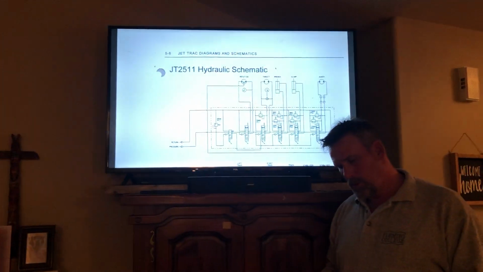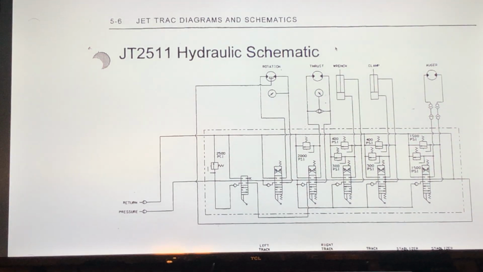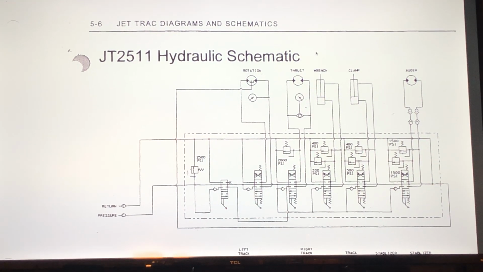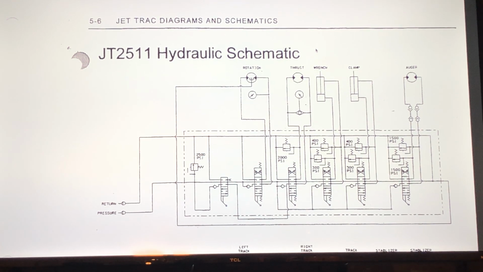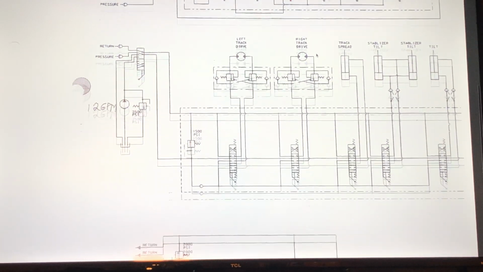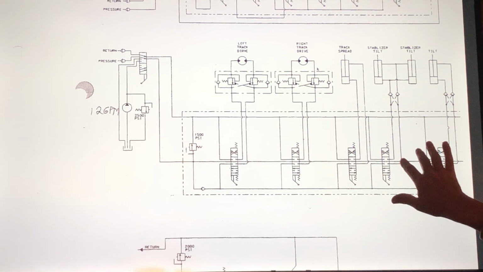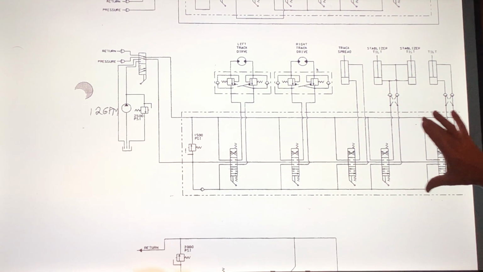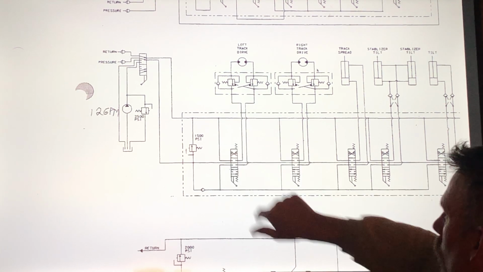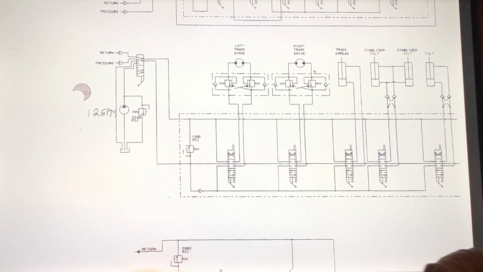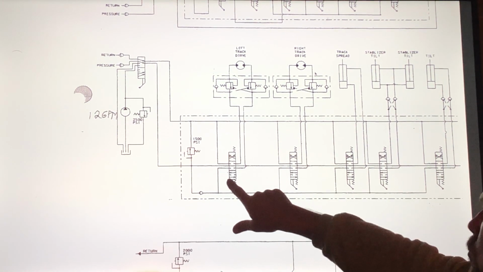All right, so question 1, what is the maximum pressure seen at the stabilizer tilt cylinders? Okay, so we'll move this down. There we go, the stabilizer tilt cylinders. This represents your directional control valve. Here's 1, 2, 3, 4, 5 different handles that would be in that control valve.